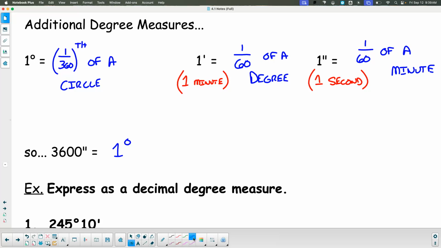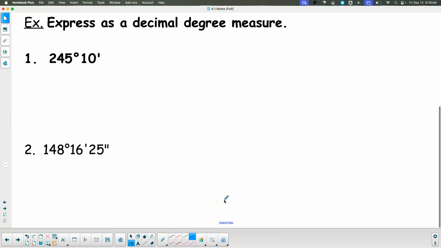All right. We call this form DMS because it is in that order. It's degrees, then minutes, then seconds. DMS.